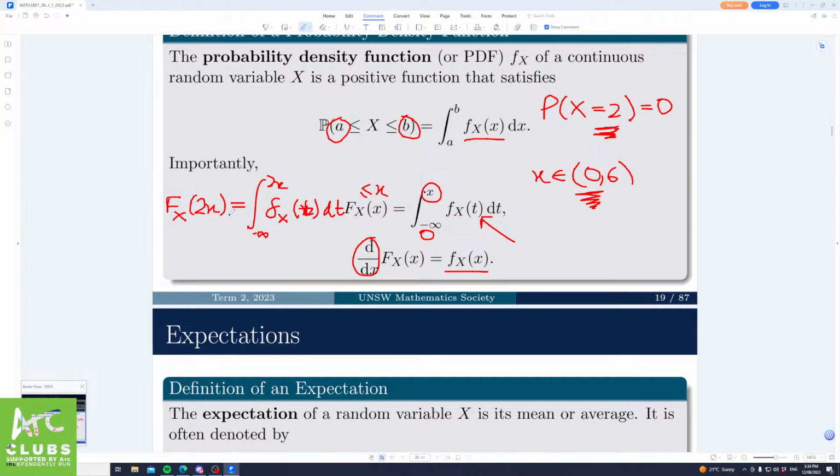Now when we differentiate both sides with respect to x, the derivative of that CDF is going to be equal to the derivative of this upper bound. Before, when our upper bound was x, the derivative was 1, so we didn't have to worry about it. But now, because our upper bound is 2x, we multiply by 2, that's what the chain rule tells us, and then we sub in the 2x in place of t, just like we subbed in the x in place of t here, and we get 2f of 2x.